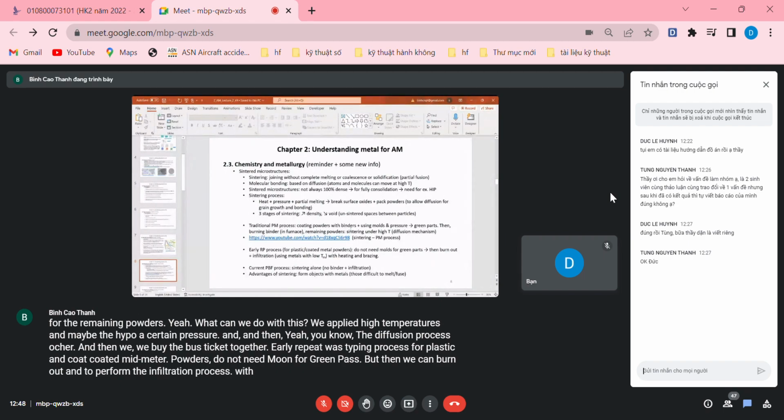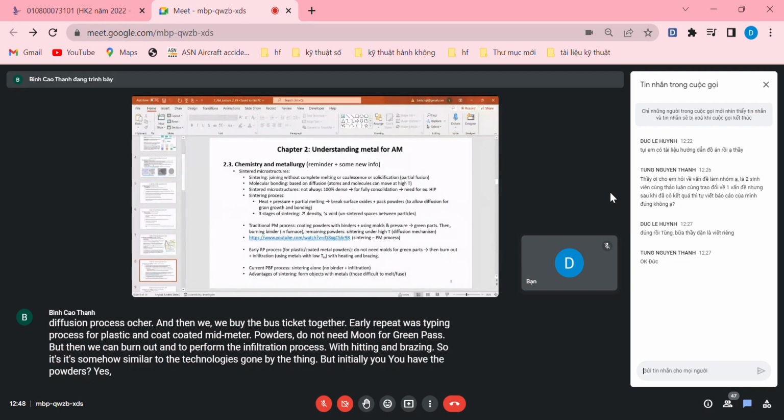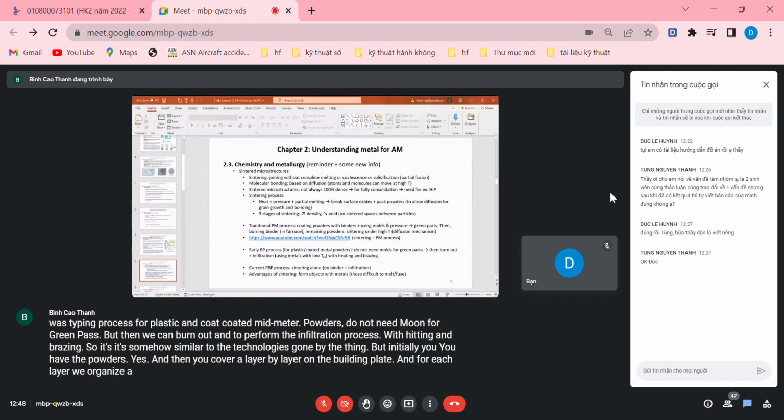with heating and brazing. So it's somehow similar to the technology called binder jetting, because initially you have the powders, and then you cover layer by layer on the building plate, and for each layer we cover the top of the material with the binding materials.